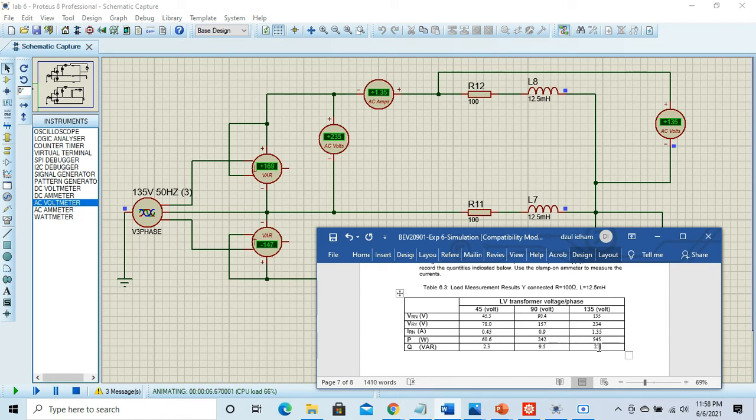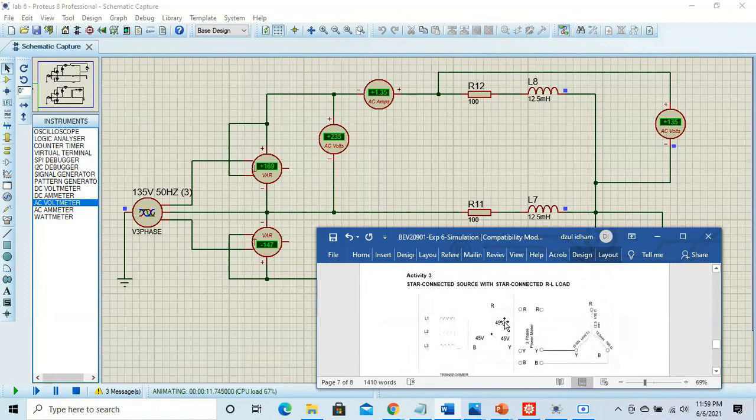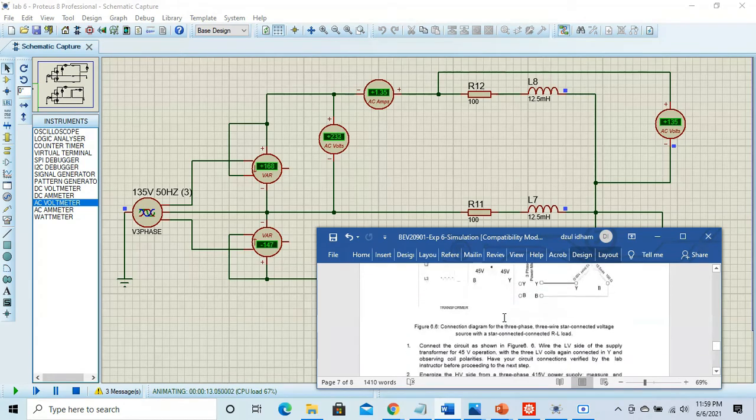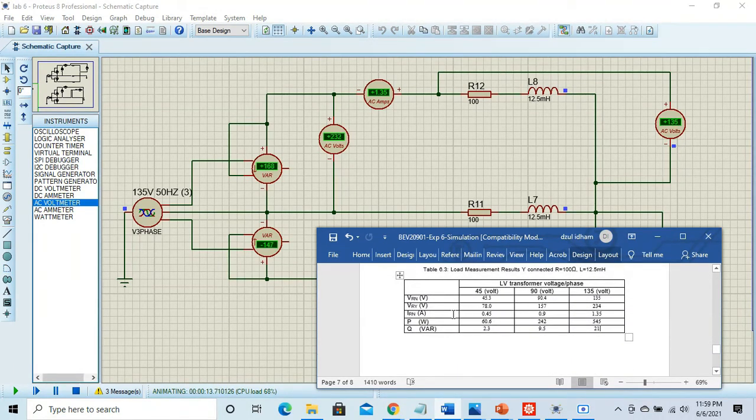Okay, this is the result for activity 3. The power is the same as in activity 1. VRN is referred to the source voltage in theory, so R to N equals 45 volts. VRY is much bigger than the source voltage, times square root 3, so we get this bigger value.